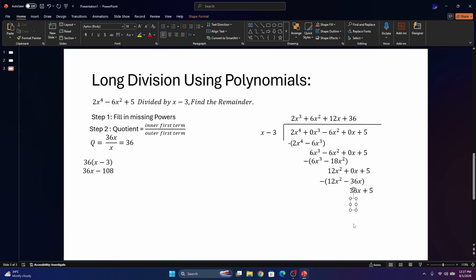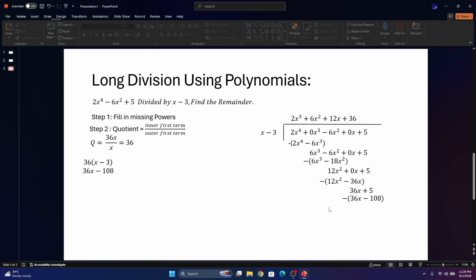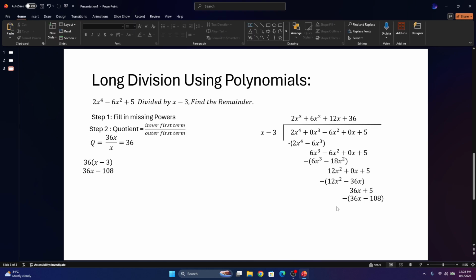So we're just going to subtract 36x minus 108. Now we're going to place it a bit like this. So as you guys can see, we're going to subtract 36x from 36x. It's going to get cancelled. This minus is getting multiplied by this minus, so it will actually be added to this 5 right here.